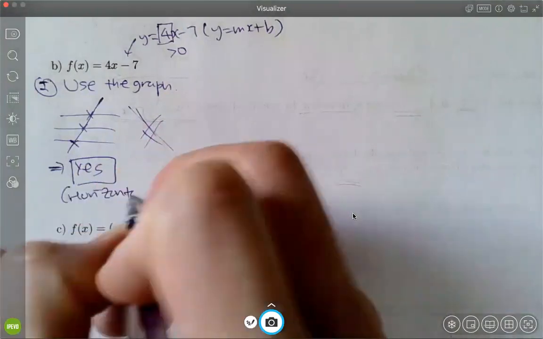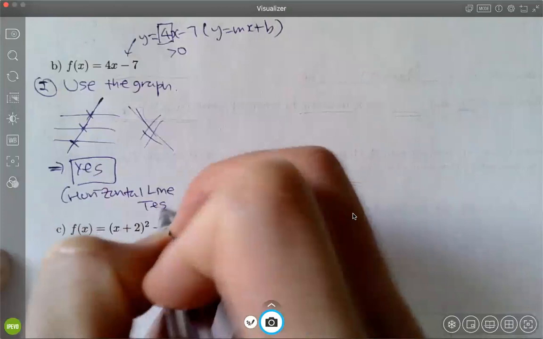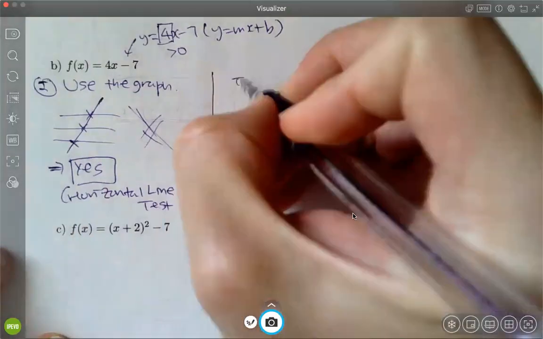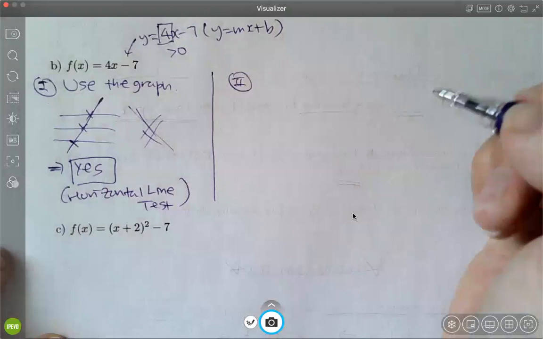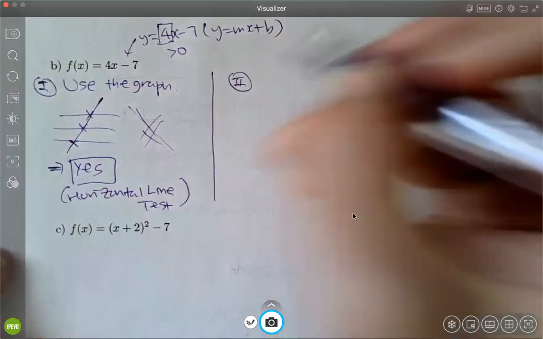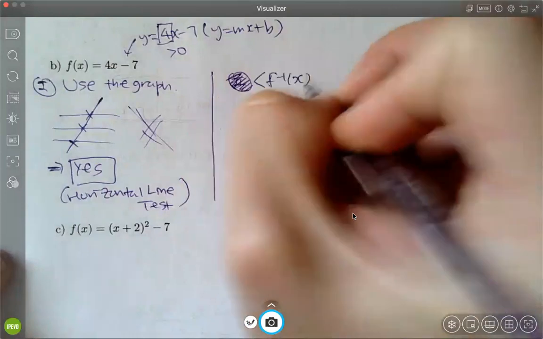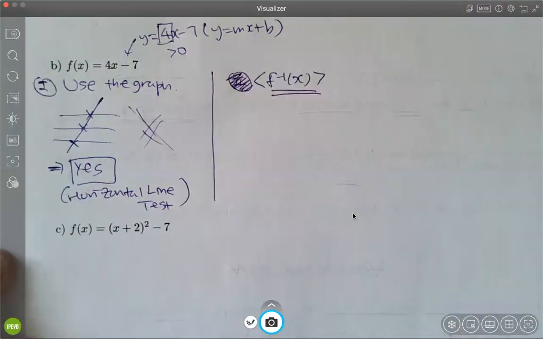Okay, so basically, if we are given a function equation, we will use the horizontal line test. And now find f inverse. So now, how do we find the equation of f inverse?